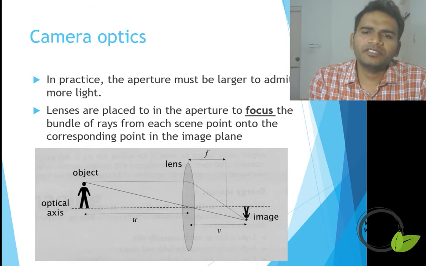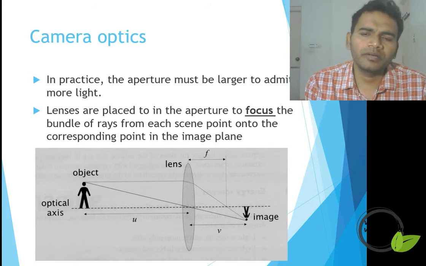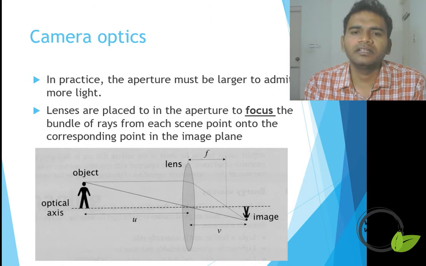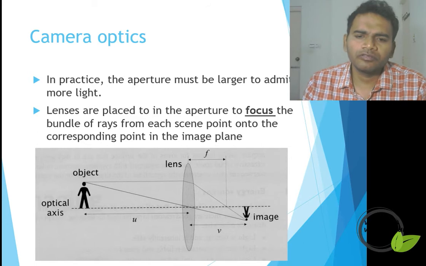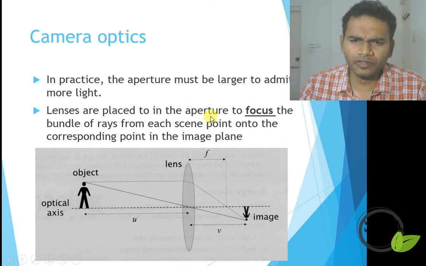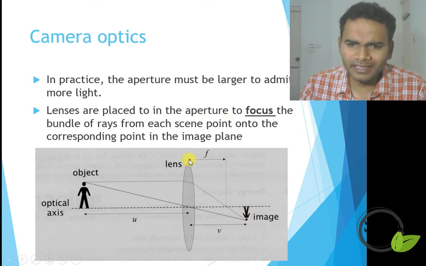So the aperture must be larger to administer more light into the camera sensor. So the lens is placed in order to focus the aperture. That is, you adjust this lens in order to get a clear image. Ultimately, we are adjusting the focus.